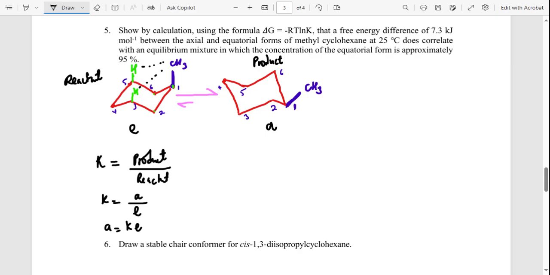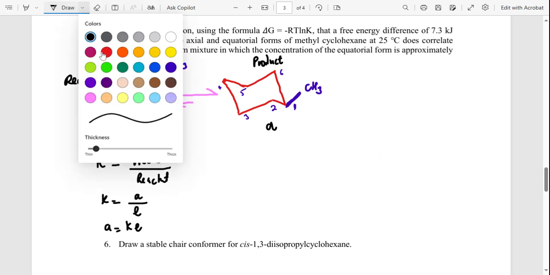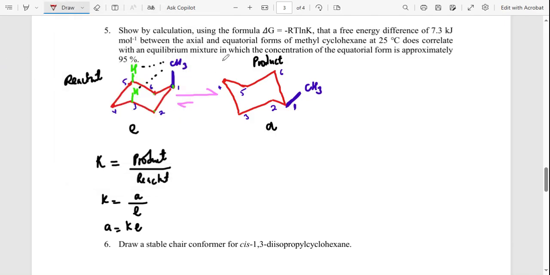Now let's go to the delta G equation so that we calculate the value for K so that we can use it. To calculate the value for K, we say delta G is equal to negative RT natural log of K. Now delta G is basically the energy difference between the product and the reactant.